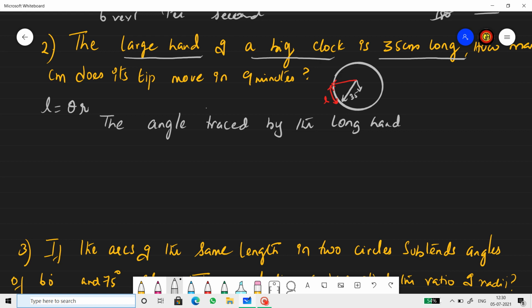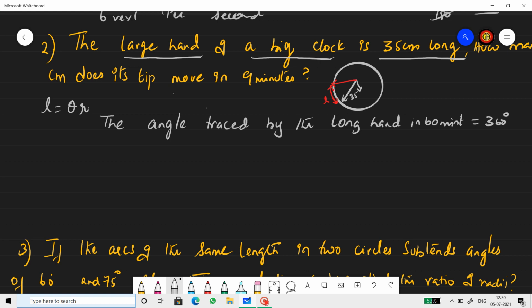In each rotation it covers 360 degrees. So the angle traced by the long hand in 60 minutes is equal to 360 degrees, isn't it?